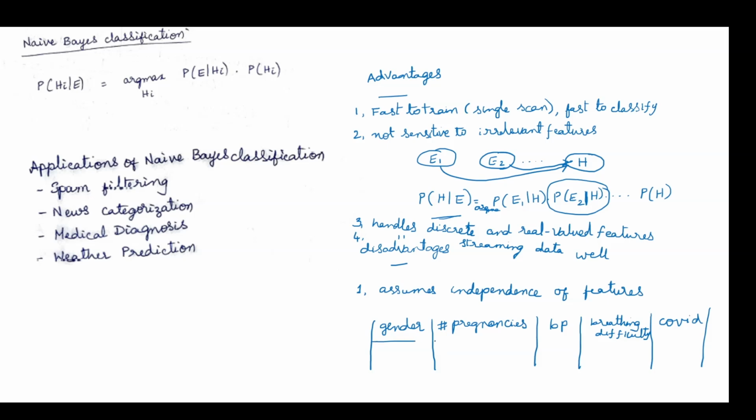So this is the data set one has collected. Let's suppose presence or absence of COVID is your class, and these are all our descriptive attributes.